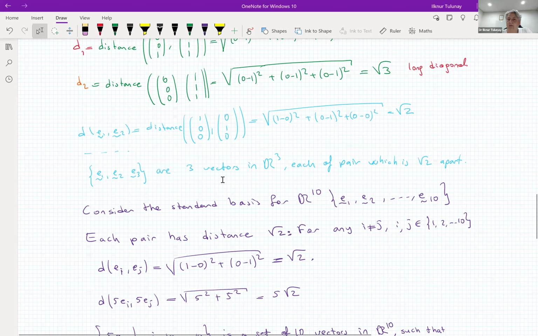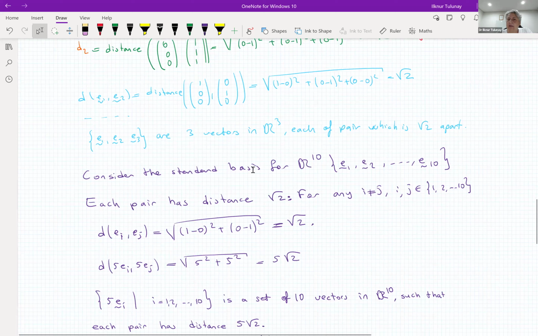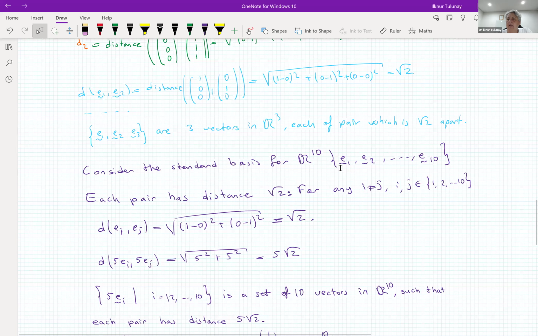Let's see that. The standard basis for R10 is E1, E2, up to E10. We have seen how we construct the standard basis elements of real vector spaces.